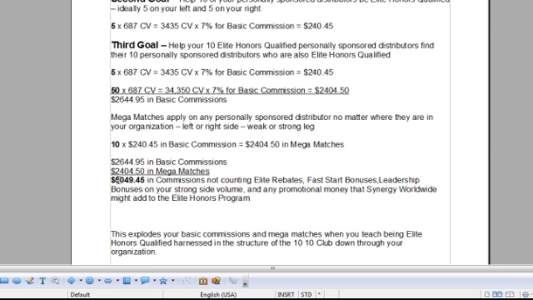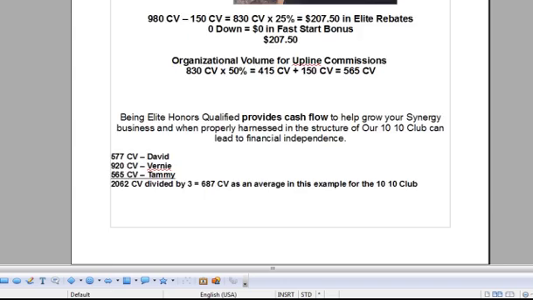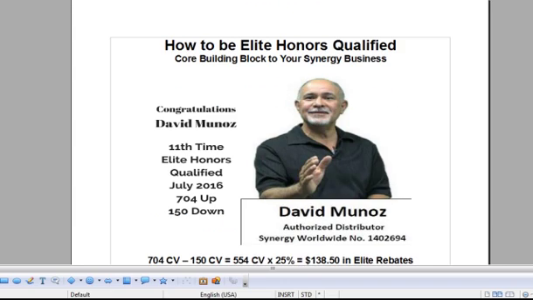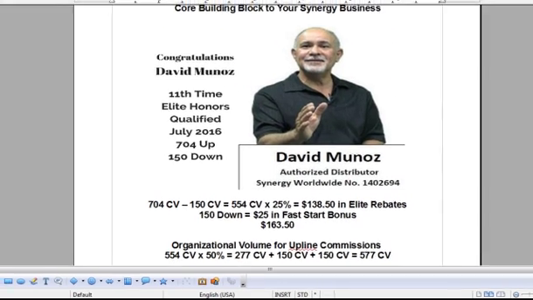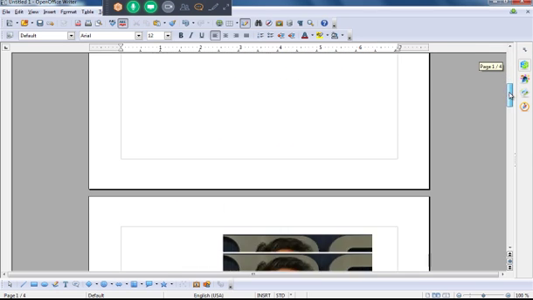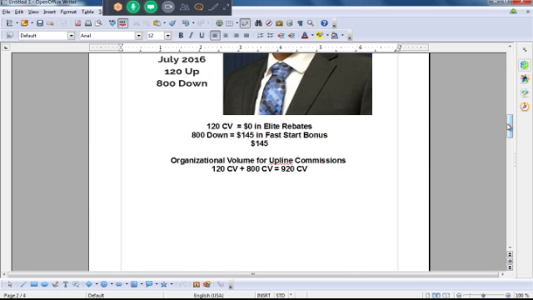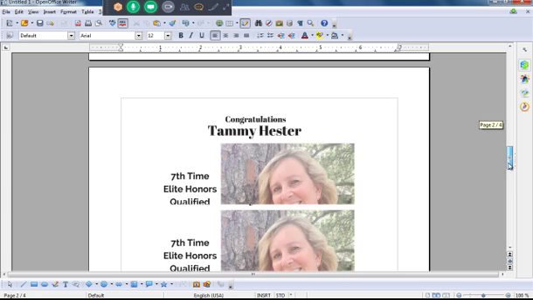Right from the beginning, create positive cash flow for helping them grow their Synergy business, and then put it into the structure of the 1010 Club, which then over time will harness for you higher organizational volumes on your left and right hand sides, leading to higher basic commissions and higher mega matches that when combined gives you significant cash flow on a monthly basis to hit that point in your life that represents for you financial independence.